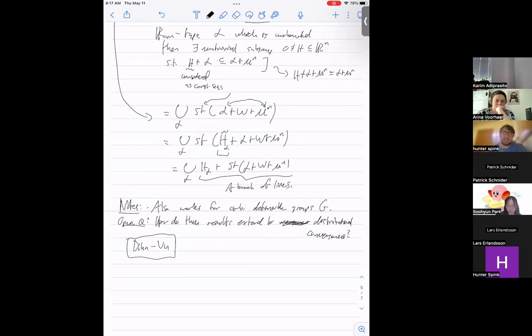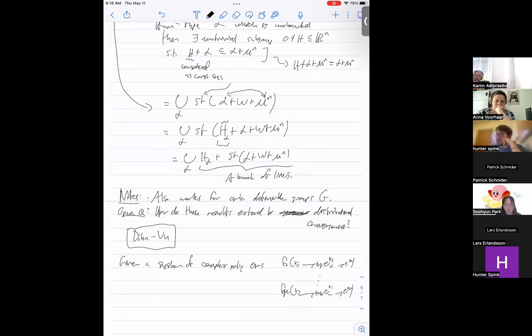This is a big conjecture from back in the early 2000s, which basically says, given a system of complex polynomial equations, f1 of x1 through xn, e to the x1 through e to the xn, through fk of x1 through xn, e to the x1 through e to the xn, what are sufficient conditions for this to have a solution?